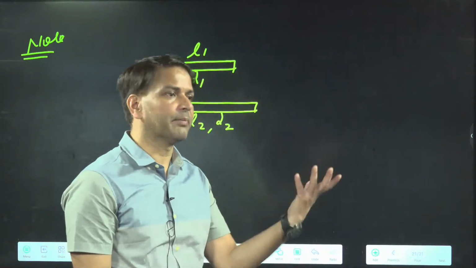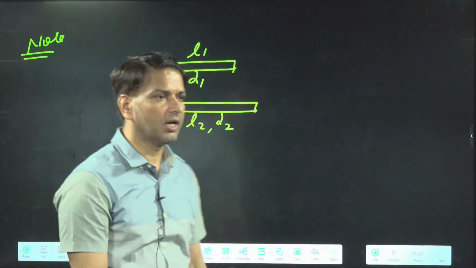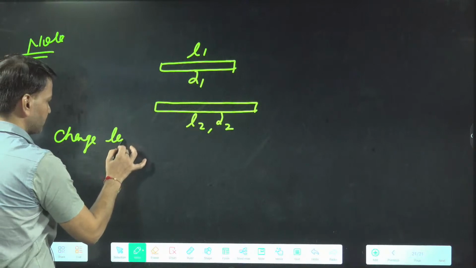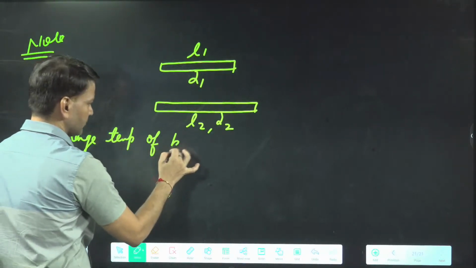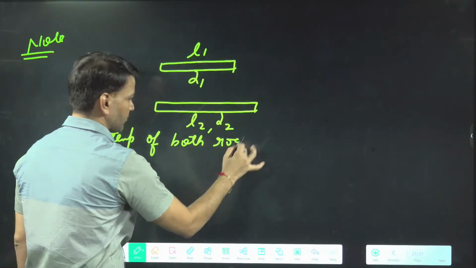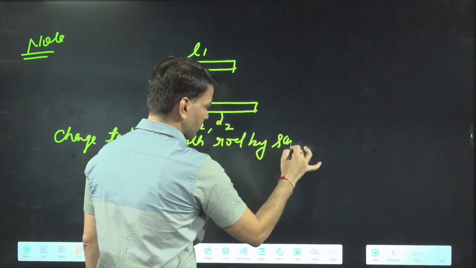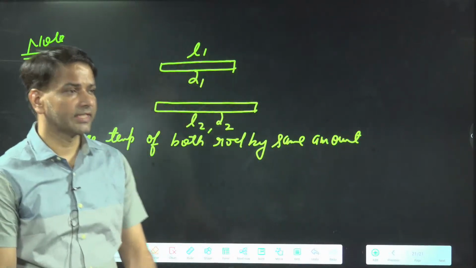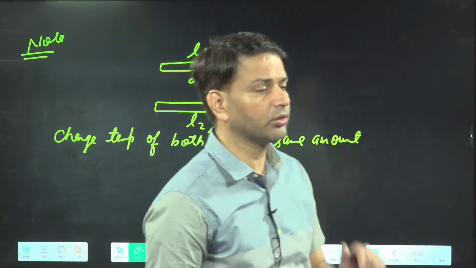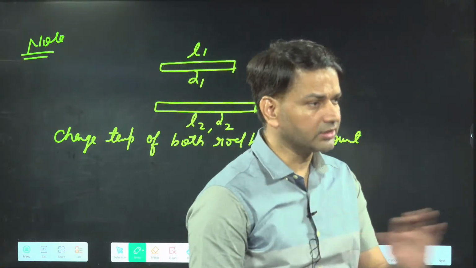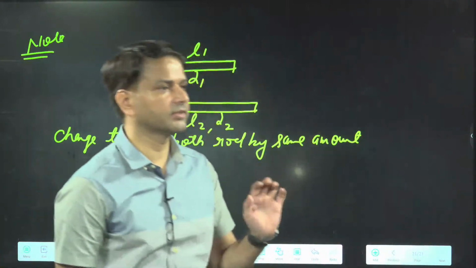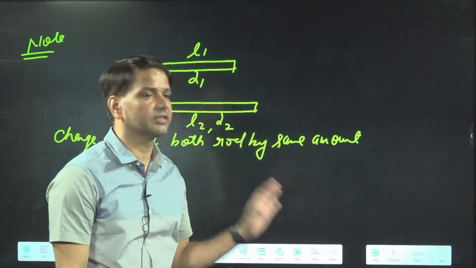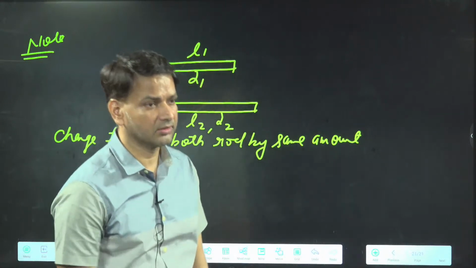Now if I change the temperature of both rods by the same amount, but their difference of length is not changing, what is the condition for that?